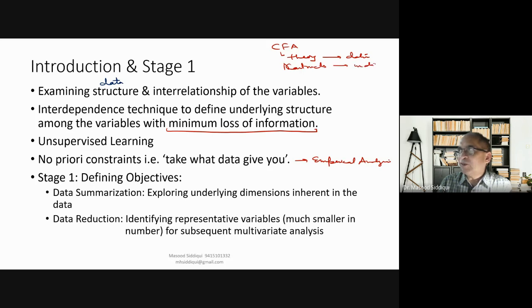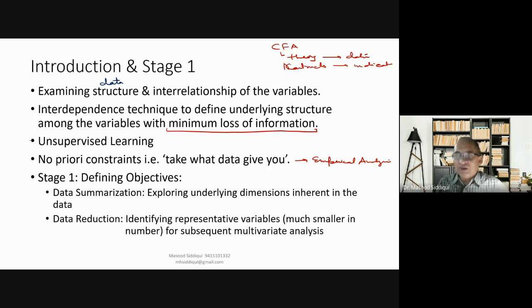And here, we are moving from variables to the dimension. So this is opposite. In that case, we establish the theory, we prove the theory, and here we are examining what is there in the data through empirical analysis.